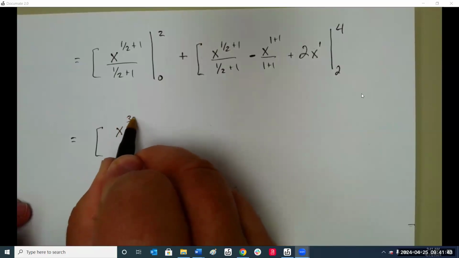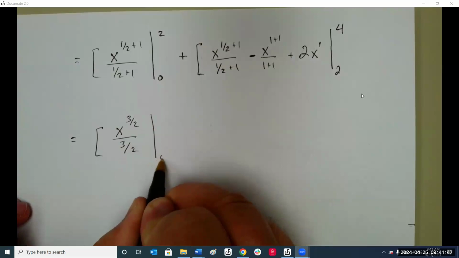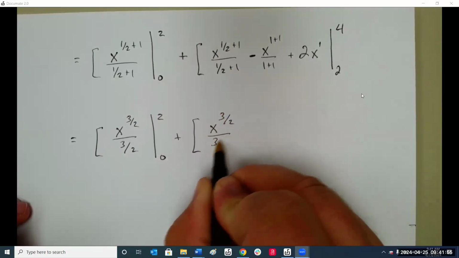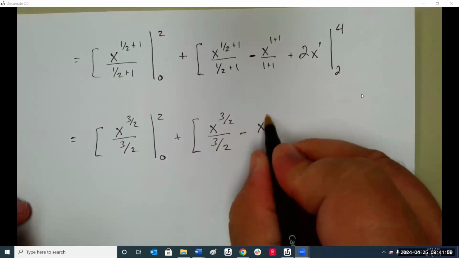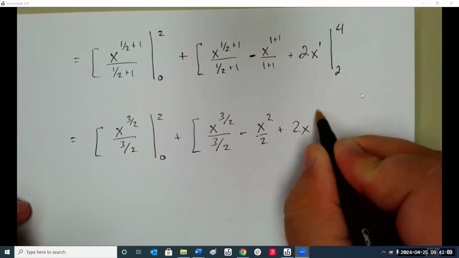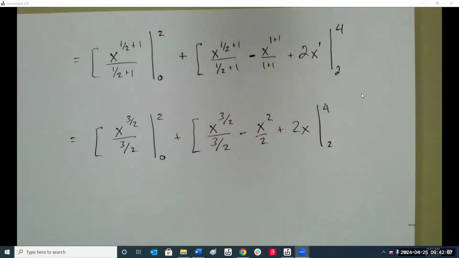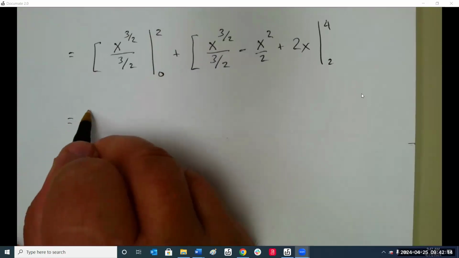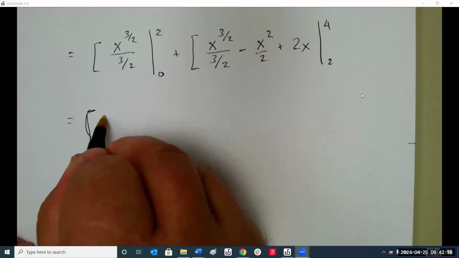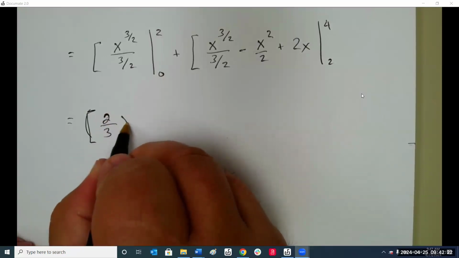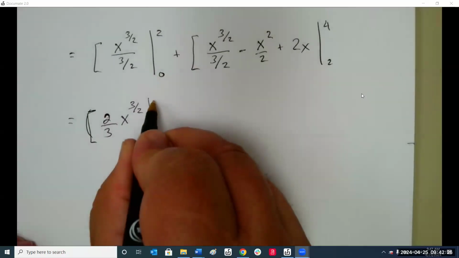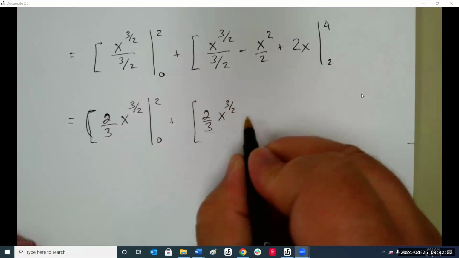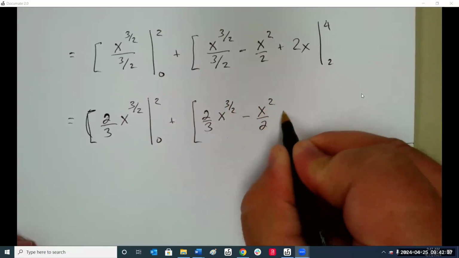So we have x to the 3/2 over 3/2, minus x squared over 2, plus 2x. Bringing the fraction to the bottom, we have 2 over 3 x to the 3/2, and x squared over 2.